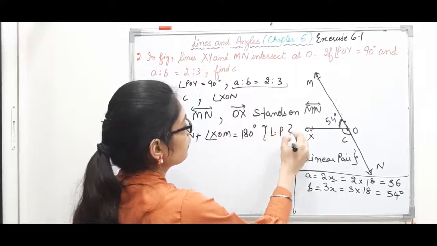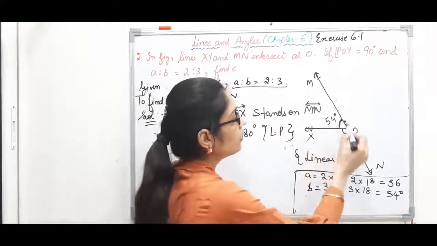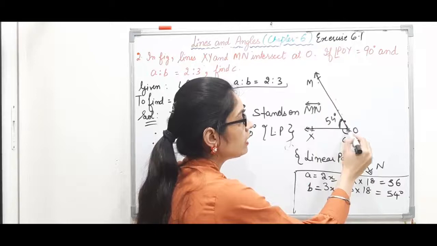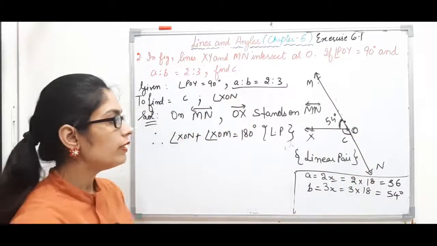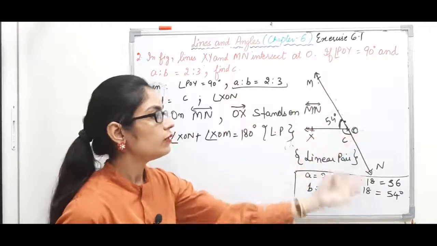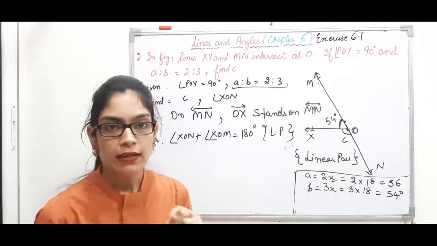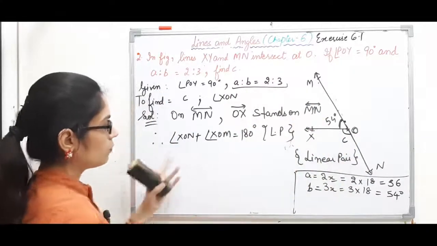Linear pair axiom. See, these two angles are adjacent angles because they are sharing a common vertex and common arm. So as per the linear pair axiom, we have already learned if a ray stands on a line, the sum of the adjacent angles is equal to 180 degrees.